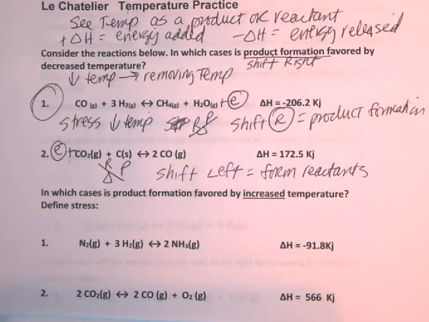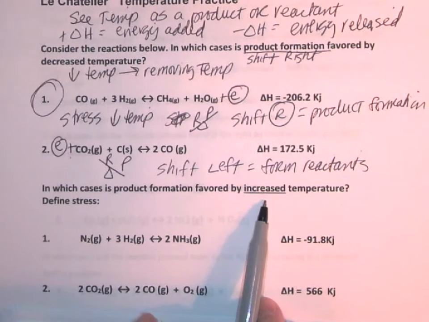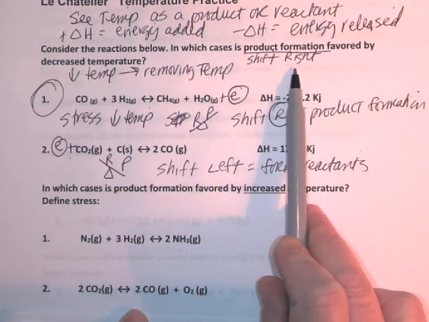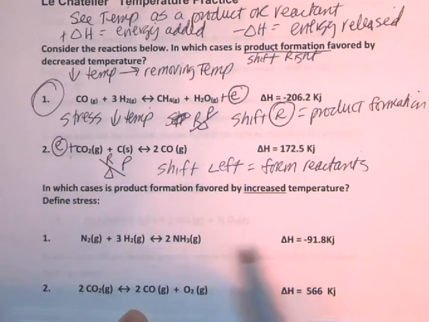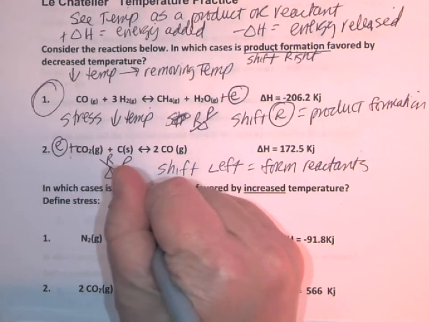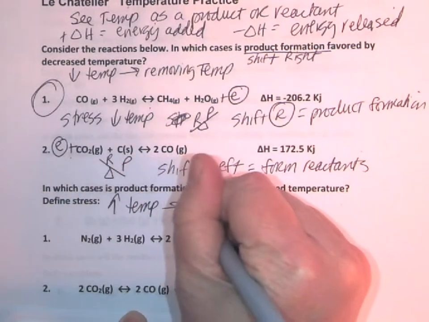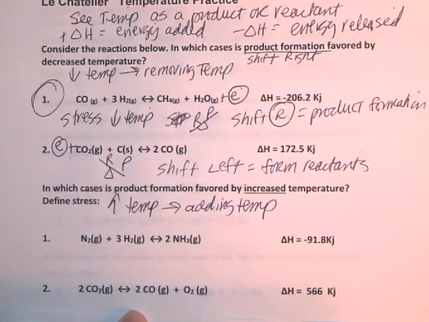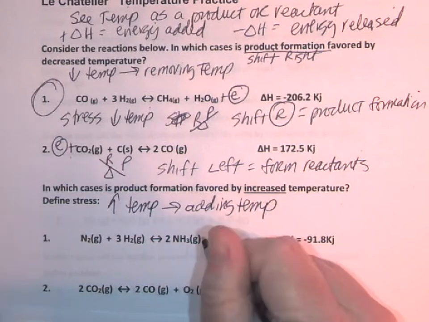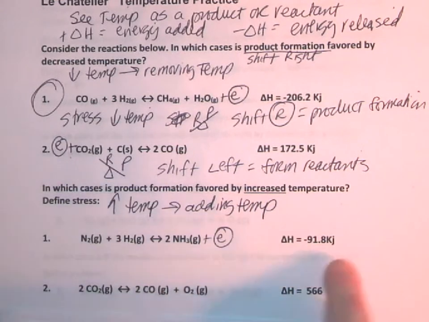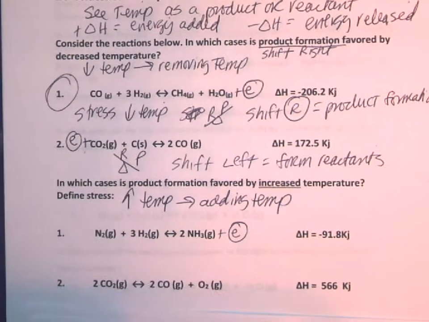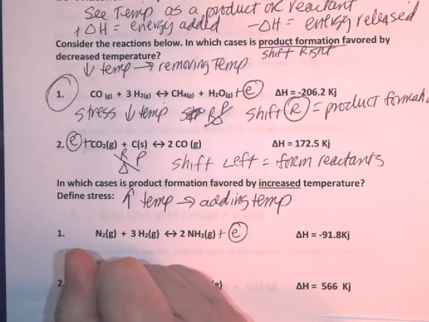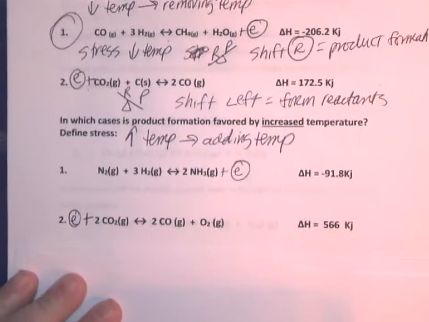All right, in which cases is product formation favored, again, which is going to shift to the right, by increasing the temperature? So increasing the temperature, think about that as adding temperature. All right, so again, I have a negative enthalpy. I'm going to write where the energy sits on these equations. This is an endothermic. It sits over here, okay?